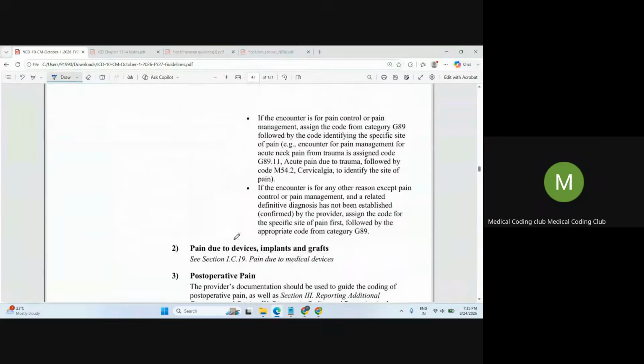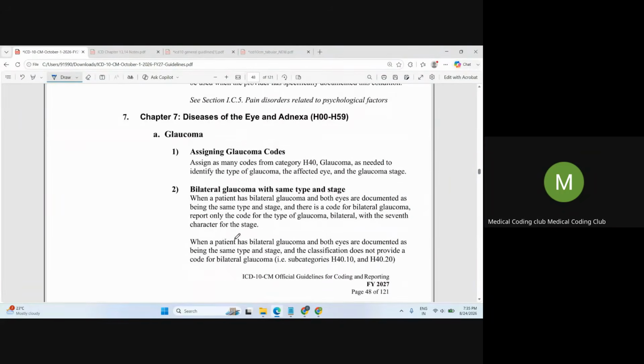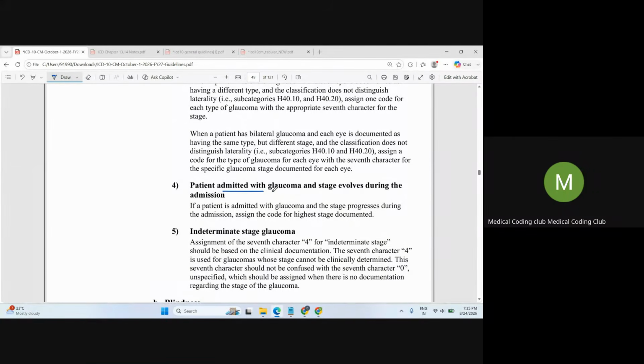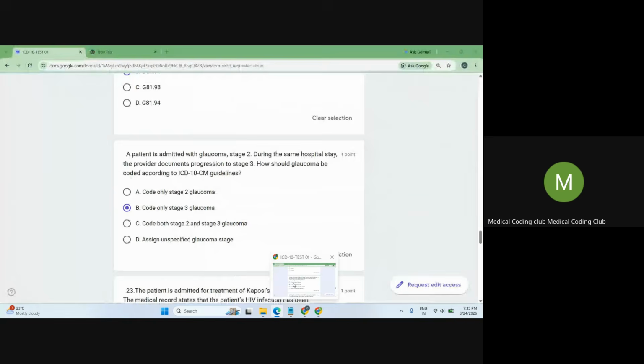So this also has clear information. If the patient is admitted with glaucoma and the stage progresses during admission, assign the code for the highest stage documented. So the answer is code only stage 3 glaucoma.